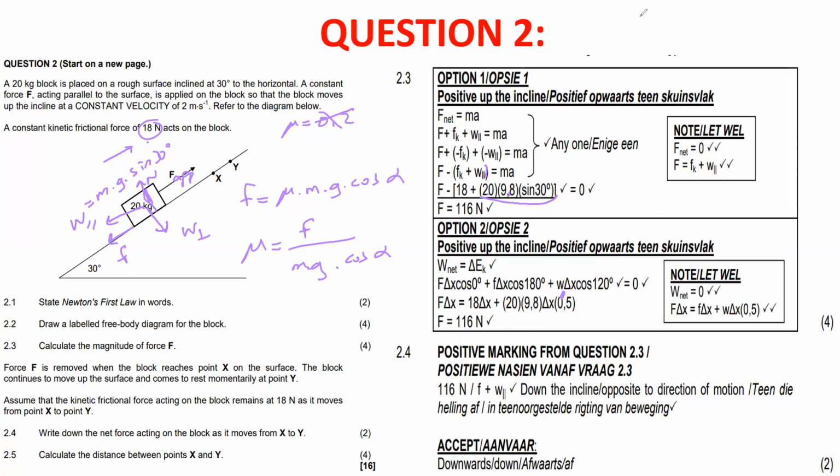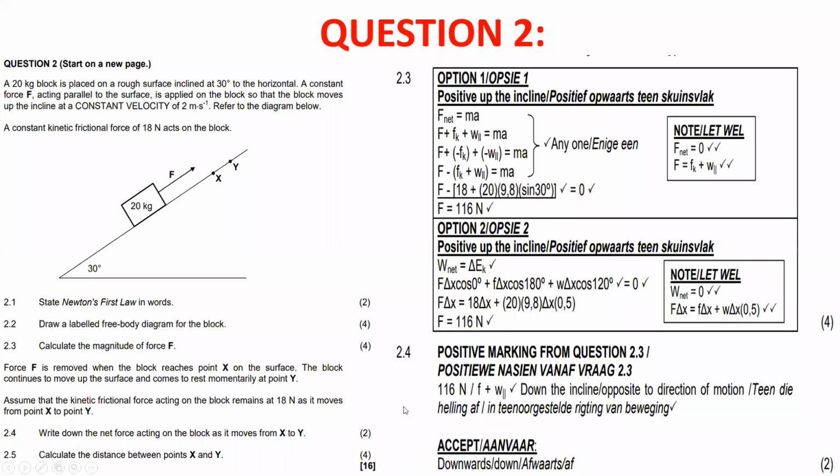And then let's continue with 2.4. In 2.4, they said to write down the net force acting on the block if you remove the applied force. What is going to happen? You come to position X and Y. For this position, the object is still going up, but there's no applied force.